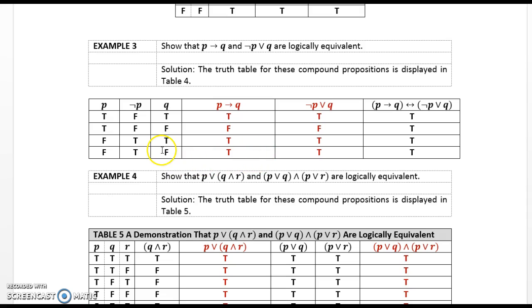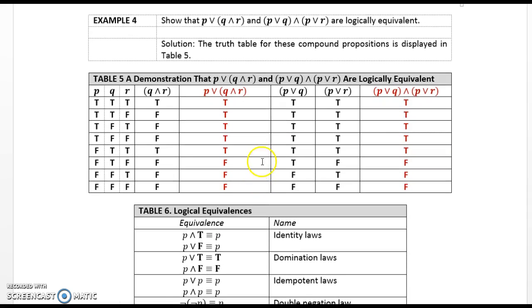So as before, we build up on the left P implies Q, and we build up on the right not P or Q, and we find that the value for every row is identical, satisfying the condition for if and only if in every case, making it a tautology.